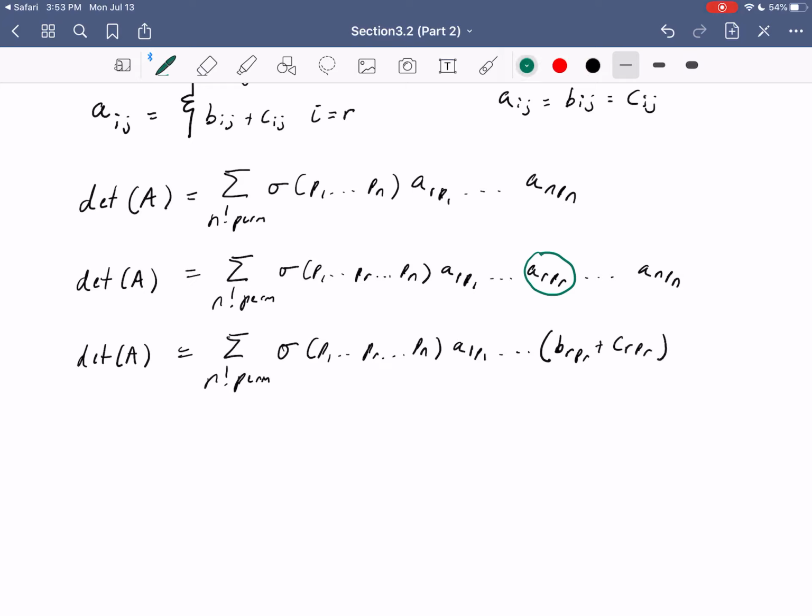Notice that we don't know what column we're in, that's why we have that P sub r, but we know we're in the rth row, which is why we can replace it here. And then, of course, we go down to AnPn.